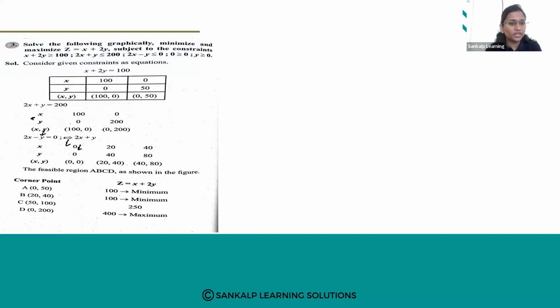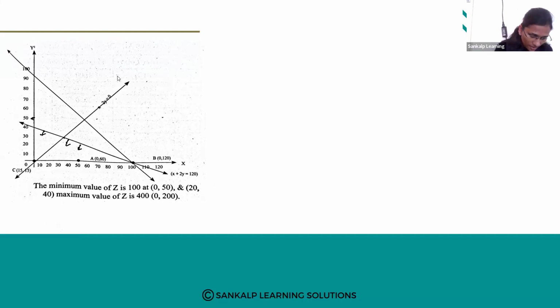Next point is 100 and 200, and the first one was away from the origin. And the next one is 100 and 200, this should be more like 200, and it was towards the origin. Then for this line, the point came on the left side.